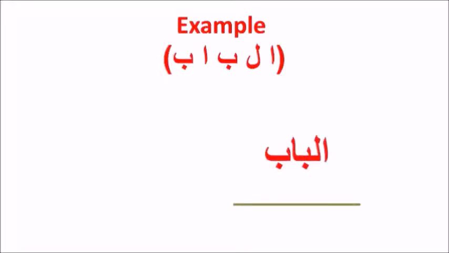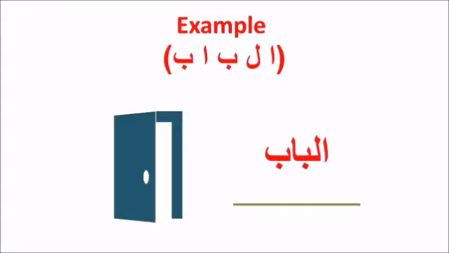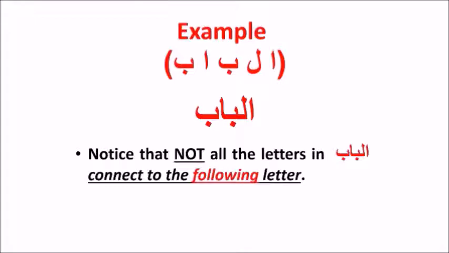When they are connected, however, they do spell a word, which is al-bab. Notice that not all the letters in al-bab connect to the following letter. This is a characteristic of certain letters that you will master as you learn to write.